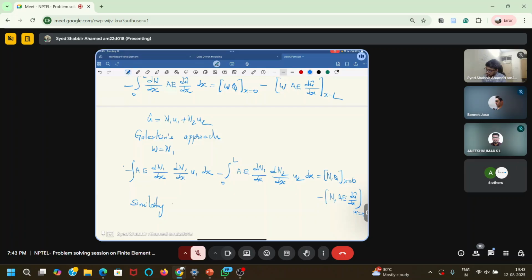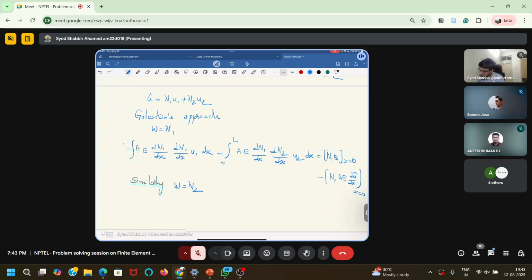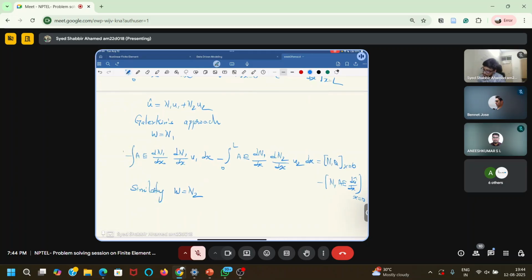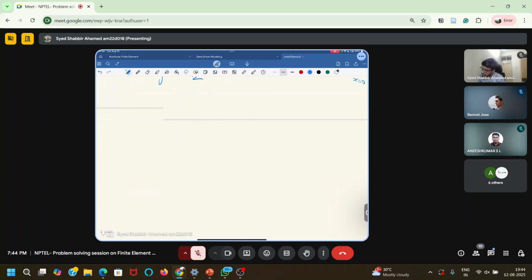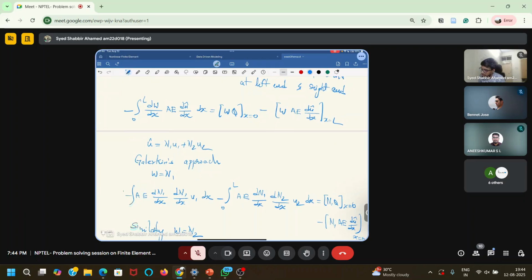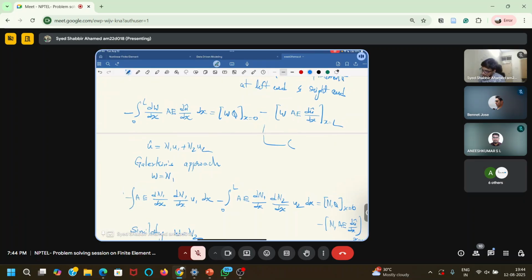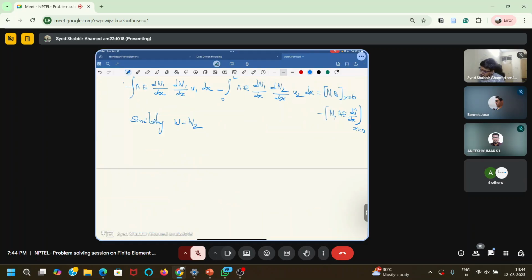In order to get another equation, we will assume W is equal to N2 here. Same thing, instead of W is equal to N1, we will assume W is equal to N2. We will get some other equation which will look like this. So let's say this is equation 1, okay?